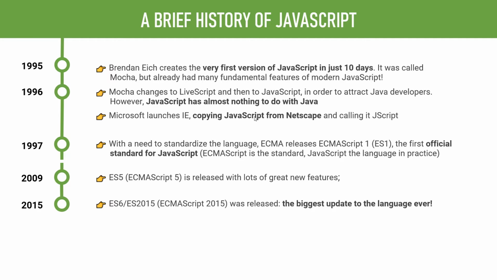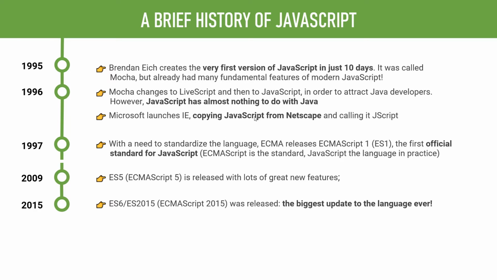And this was the single biggest update to the language ever. So it contained a ton of new exciting features, which we will explore throughout this entire course. This was and still is a really big deal for JavaScript and for the whole web developer community.